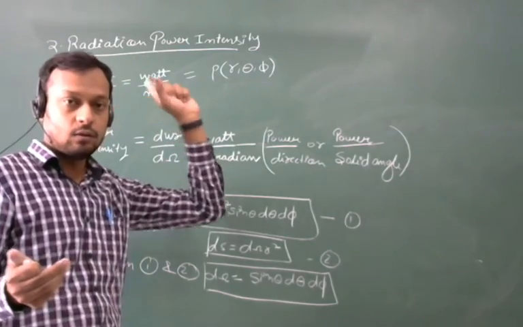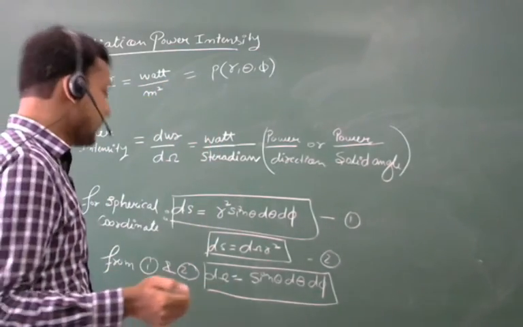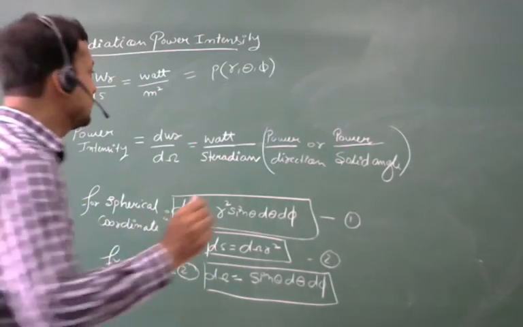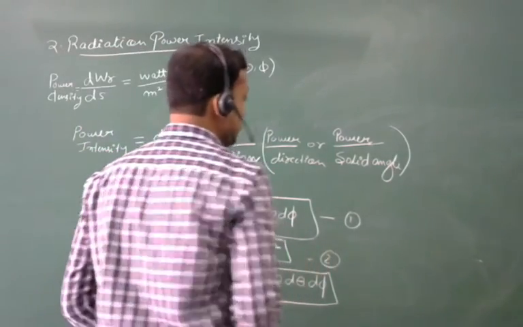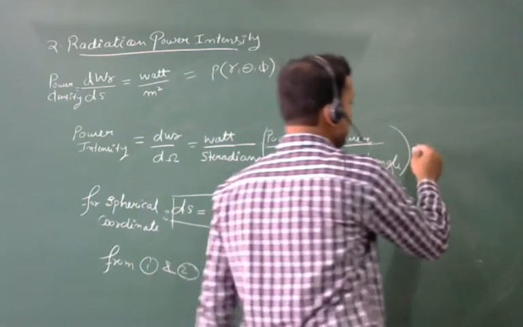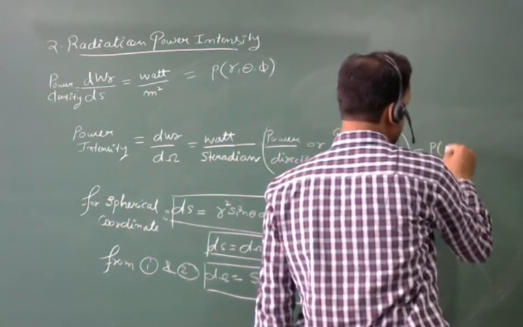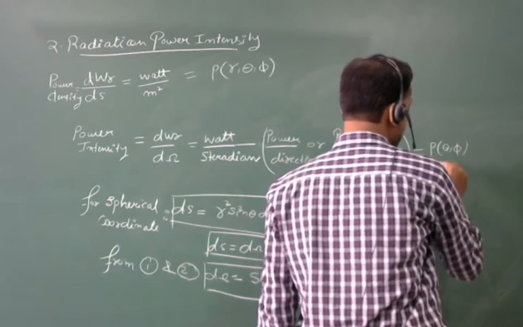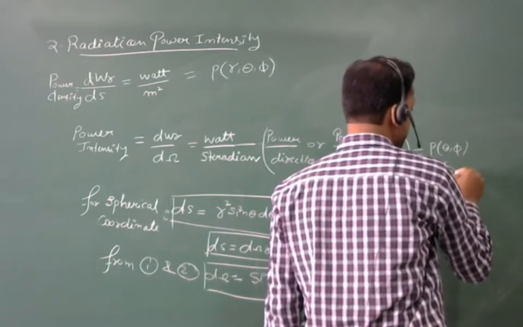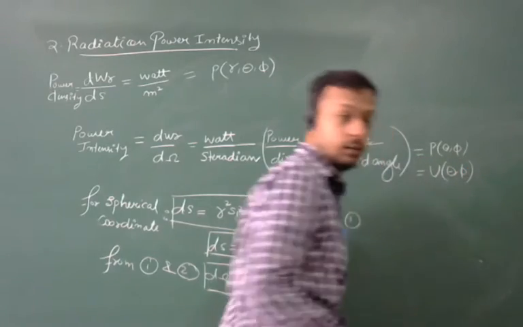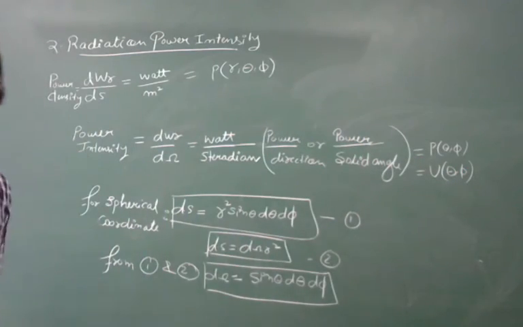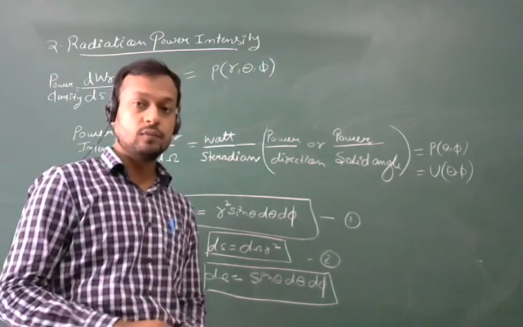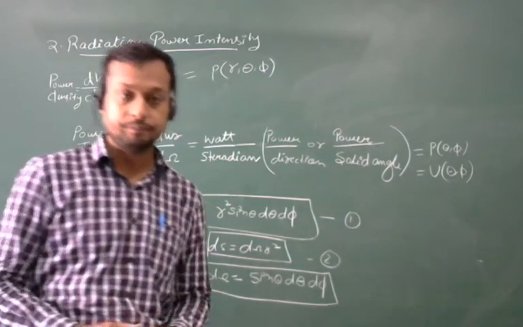Now, in the solid angle, the r square term is not there, so it is only dependent on the angle or direction. This is denoted by U to differentiate it from the power density.